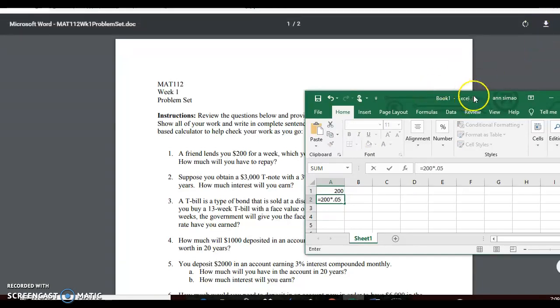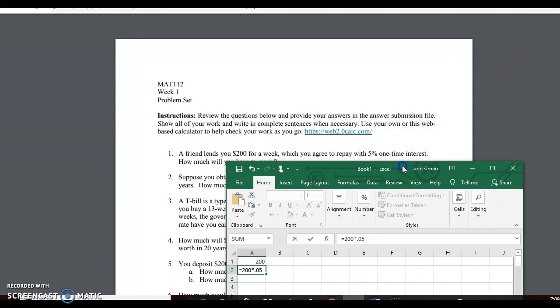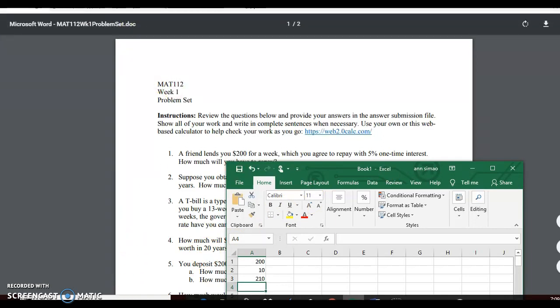Remember, when I have a percentage, in this case 5%, if I want that percentage sign to leave, I'm going to move 2 places to the left. Percentage sign leaves, decimal goes 2 places to the left. So 5% is 0.05. So this individual is going to pay the $200 plus the $10 for a total of $210. So we want to make sure that we understand that part of it.